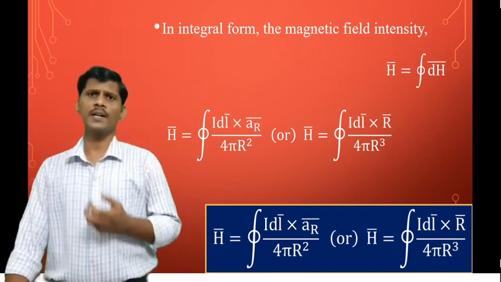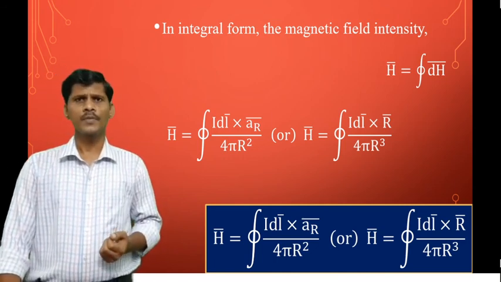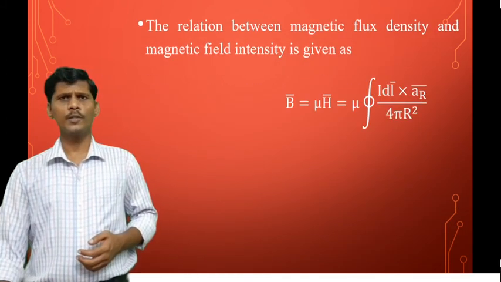Next, calculate the magnetic flux density. How to calculate the magnetic flux density? The relationship between magnetic field intensity and magnetic flux density is B bar equal to mu naught into H bar.